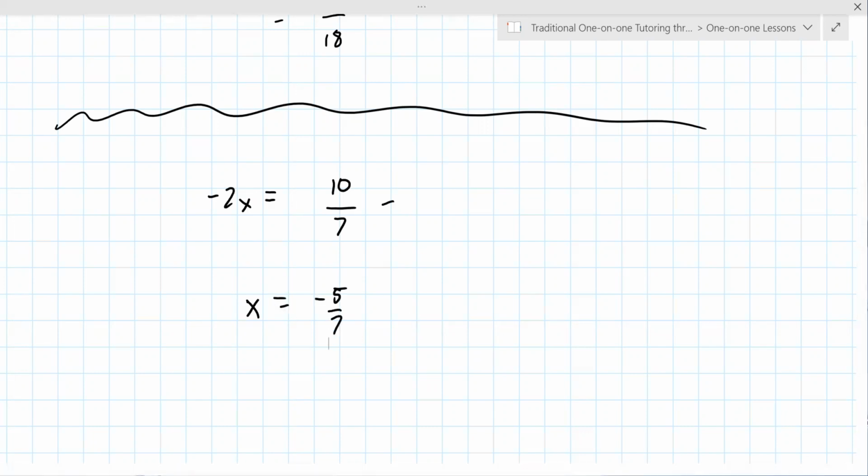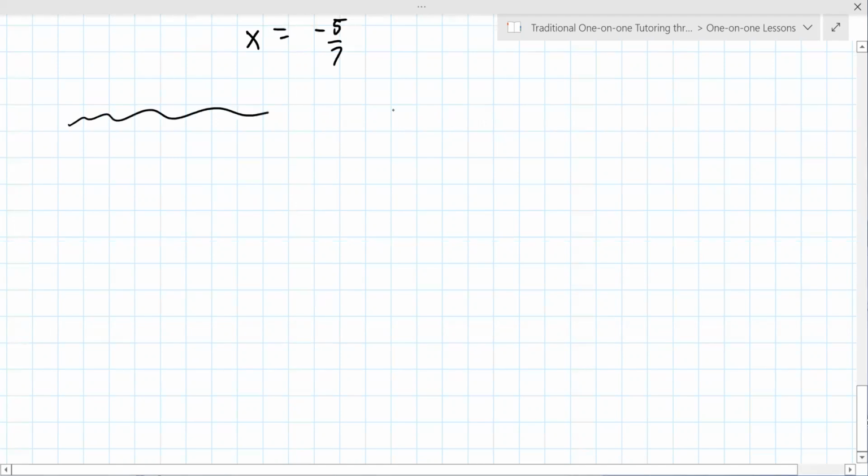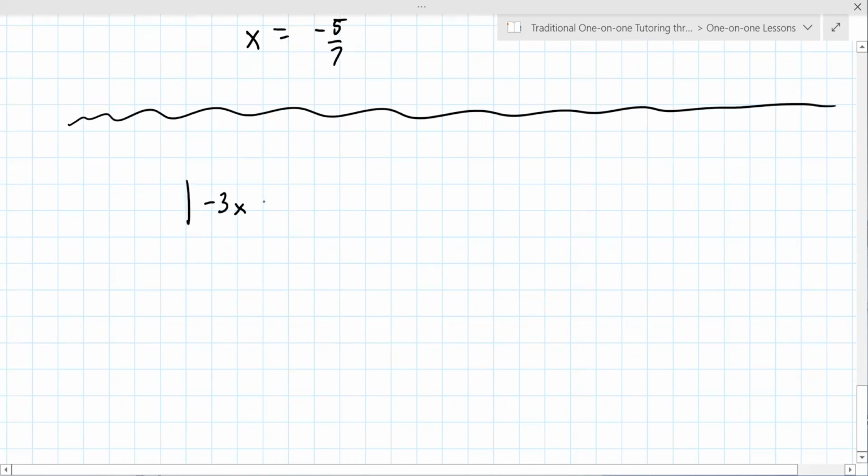Very good. Okay, so let's back up to the absolute value part. The absolute value of negative 3x minus 4 equals 3/2.